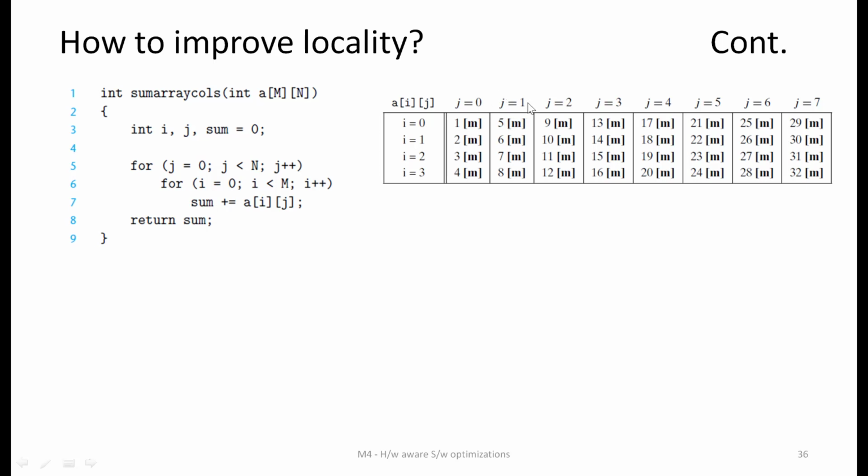In that case, for j equals 1, A01 will be a miss. So we bring in 4 blocks again, and A11 will be a miss, A21 will be a miss, A31 will be a miss, and the other loop iterations overall effectively will lead to miss accesses all through. So the hit rate would be nearly 0.